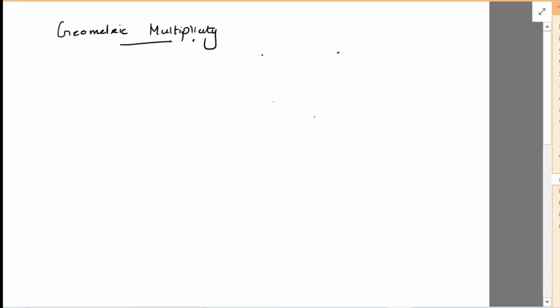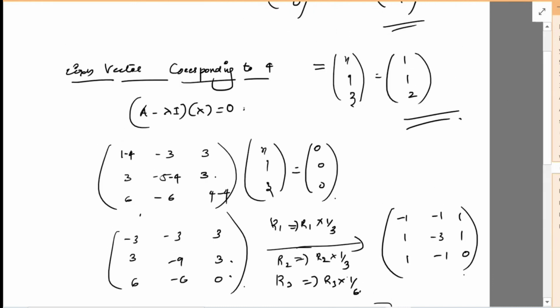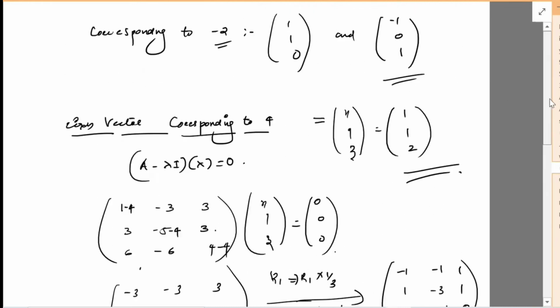So consider the same example which we have discussed. This matrix has two eigenvalues, minus 2 and 4. And what is the geometric multiplicity corresponding to minus 2? That is denoted by m minus 2.